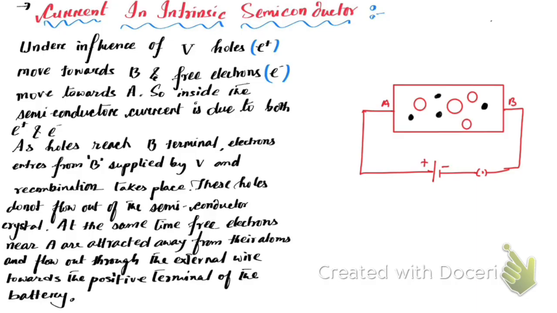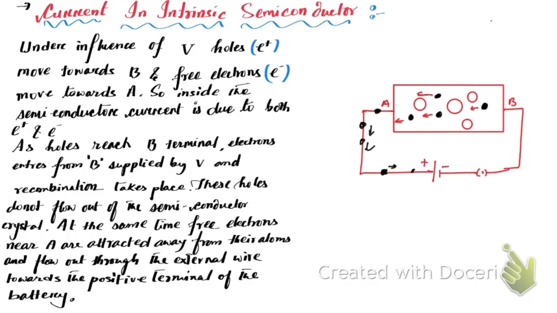The number of holes will be equal to the number of free electrons. Now these free electrons will be attracted away from their atoms, and they will flow through this external conductor towards the positive terminal of this battery.